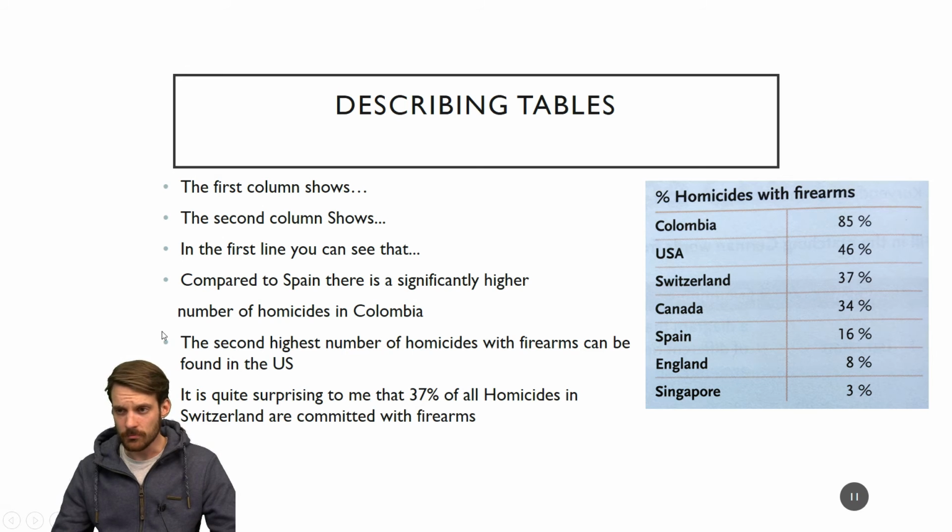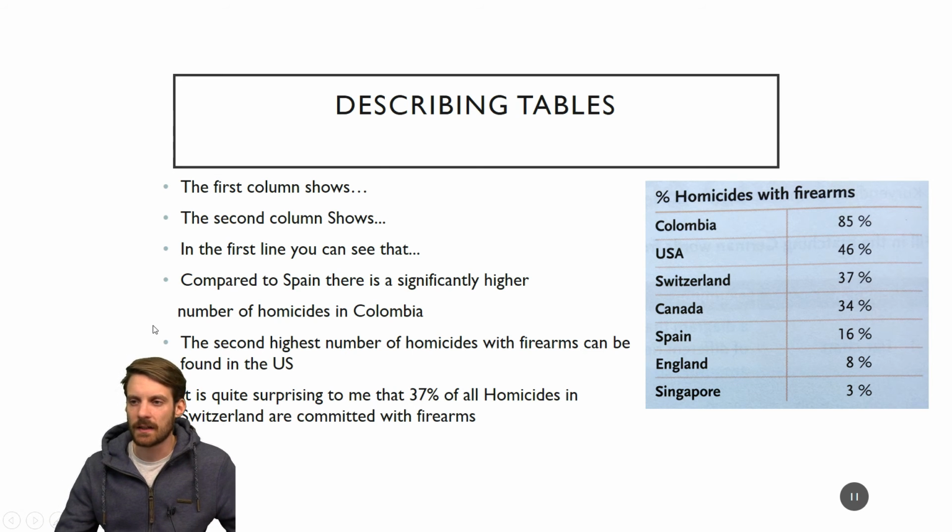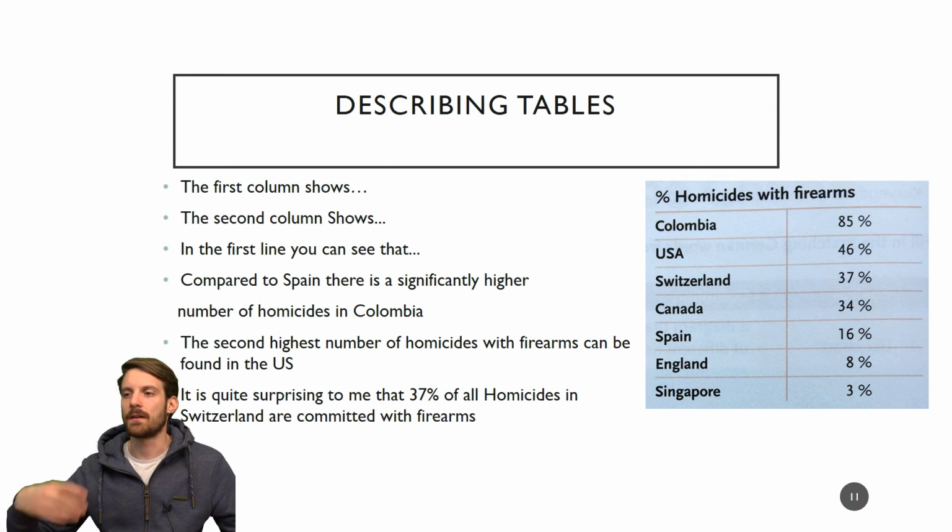Or the second highest number of homicides with firearms can be found in the US. According to this table, you can also start with a sentence like this. It is important that you use those phrases.